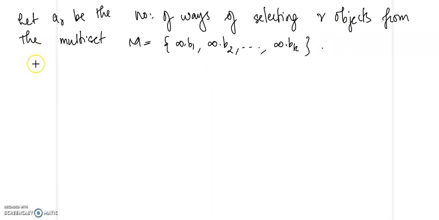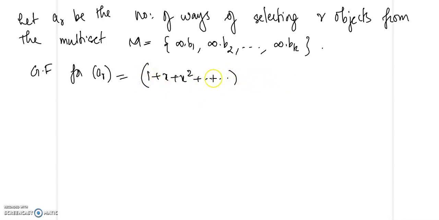Now let us look at the generating function. So the generating function for a_r will be obtained as we have just done. So b1 is repeating infinite times, so you will get 1 + x + x² + etc. It will continue with infinitely many terms.